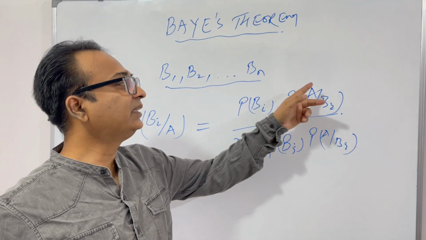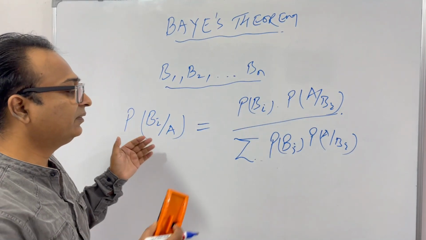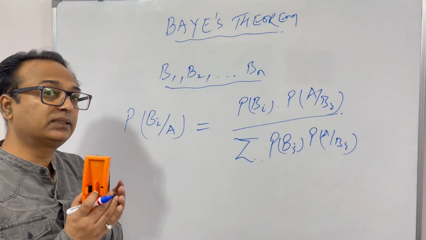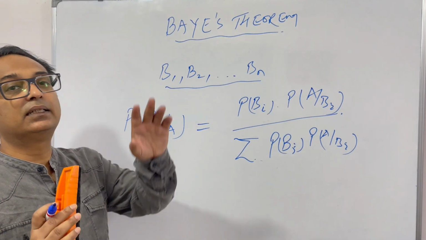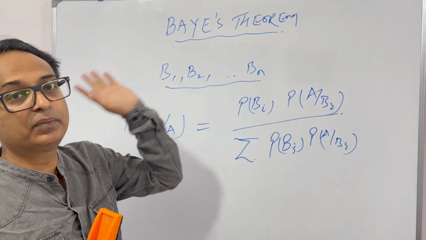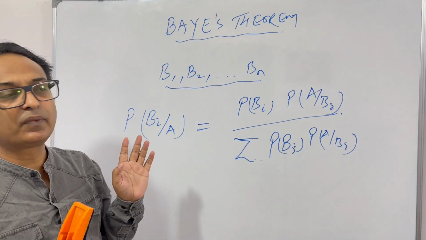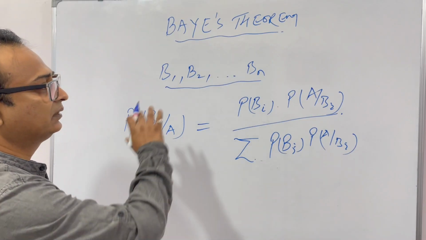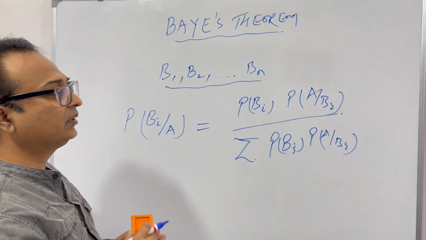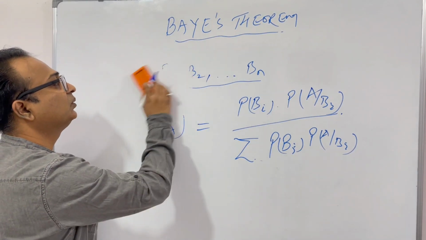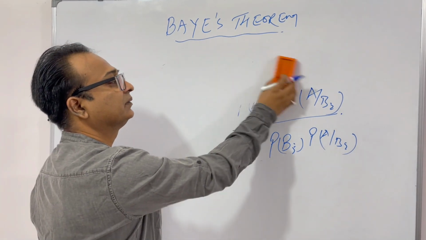So if we have these 2 values, we can find, if we get a defective piece, what is the probability that that product was manufactured by that machine. This is Bayes theorem. Let's see an example. You get this, write it down, and I'll explain it by giving you an example.